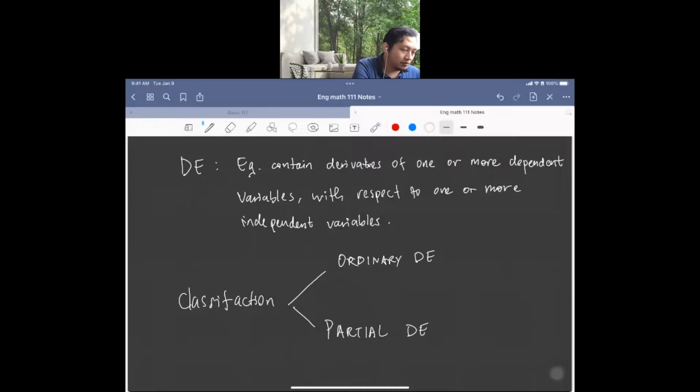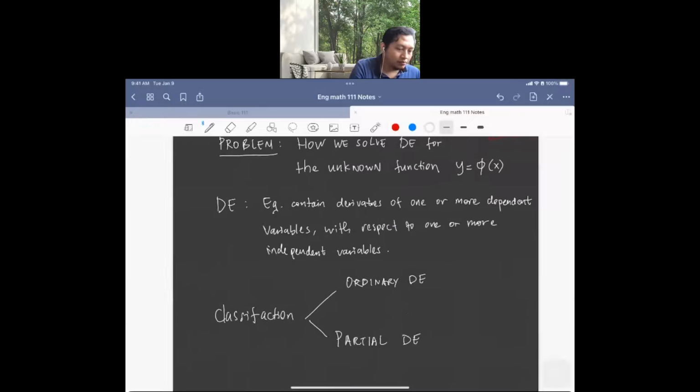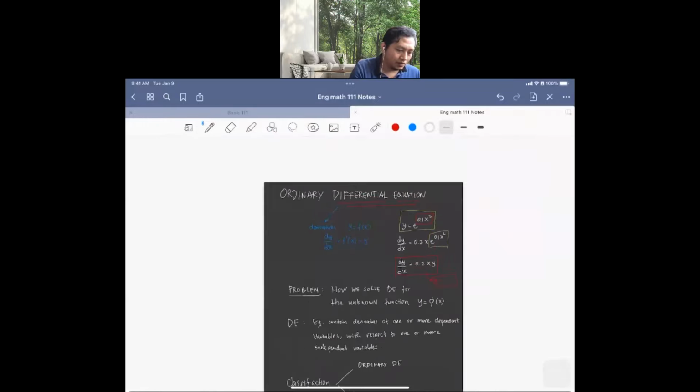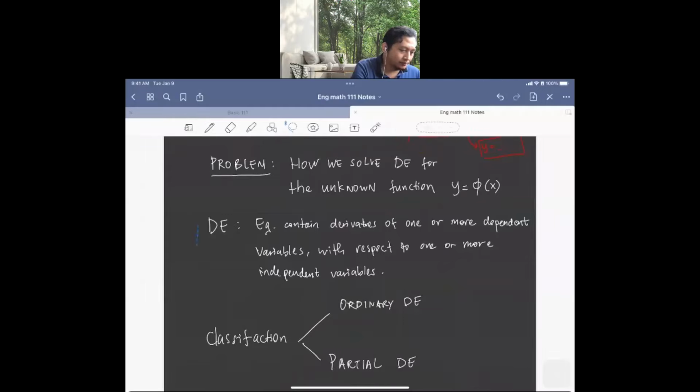Okay, let me give you some examples. I'm just copying from the textbook. Maybe let me make this a little bit smaller. I think it's too large.